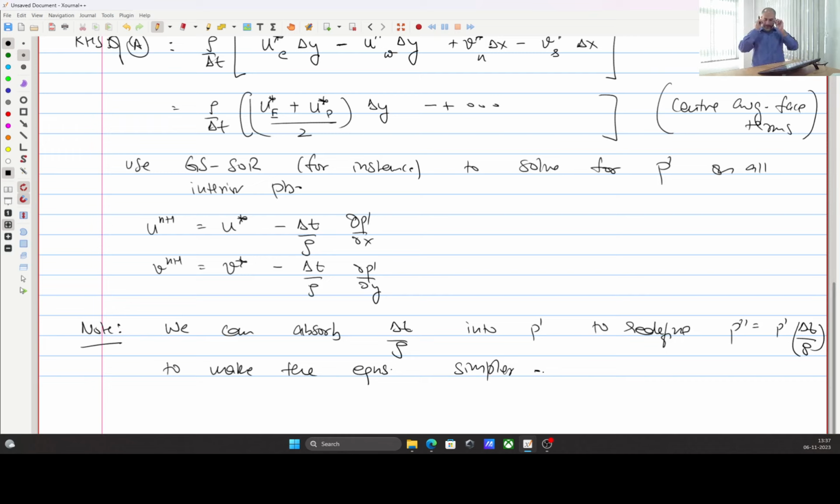So you solve for p double prime, and when solving for u n plus 1, you need p prime times delta t by rho anyways. So even this velocity correction formula also gets simplified. Sometimes the negative sign also gets absorbed into this p double prime. That depends on the situation. But ultimately you're solving for a variable which includes p prime times some constant. So you should know what that constant is. Otherwise, we may not be able to write the velocity correction formula properly.